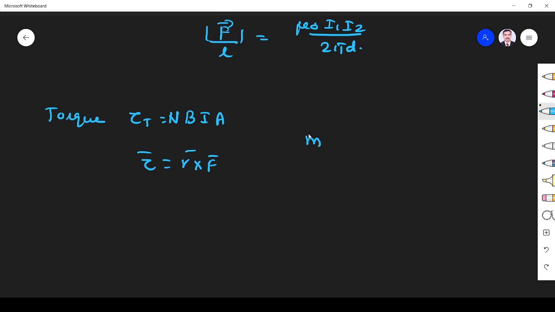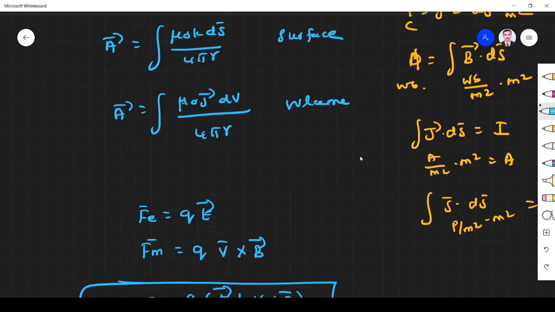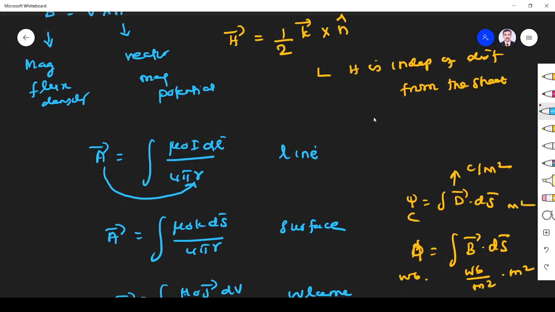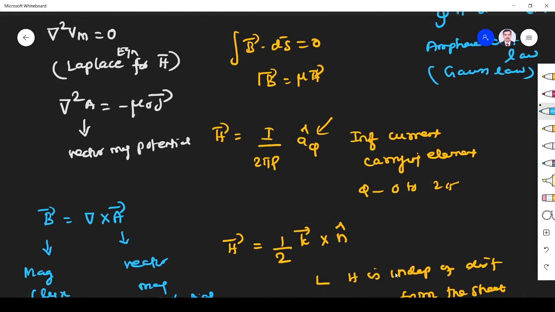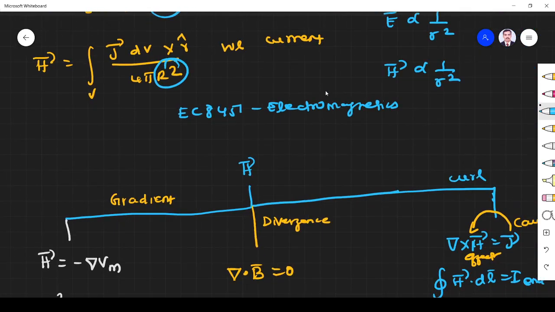Dipole moment, m is equal to I times area, I told already, ampere meter square, where I is current. So these are the things we should remember in magnetic field. Gradient, divergence, curl, everything is explained. So you see, simple logic to remember all the formulas of magnetostatics. Very simple, please understand it.